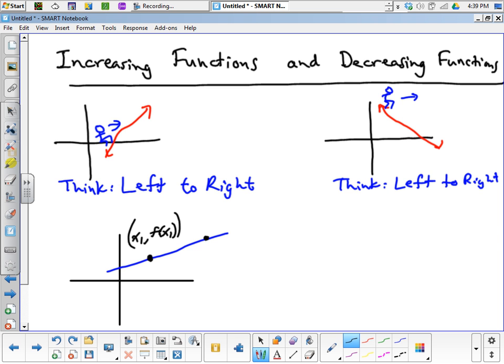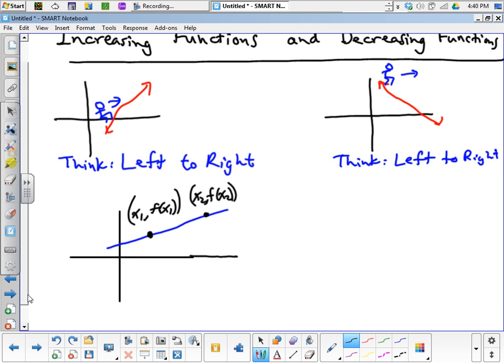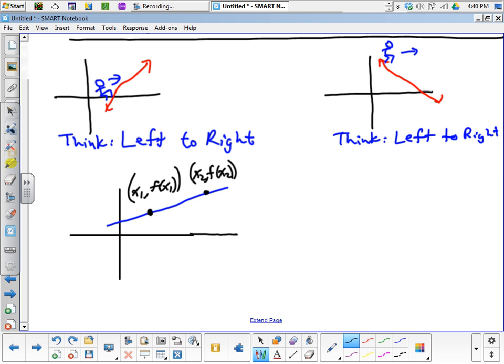And our second point on here, x2, comma, f of x2. The way we would describe this is that x1 is less than x2, and in the same way, f of x1 is less than f of x2.